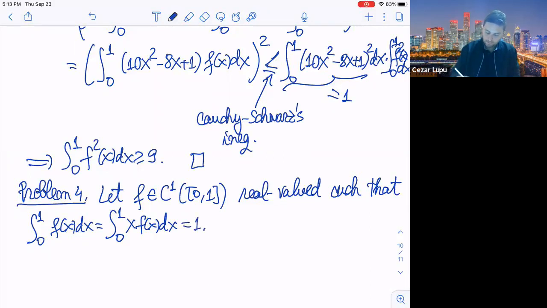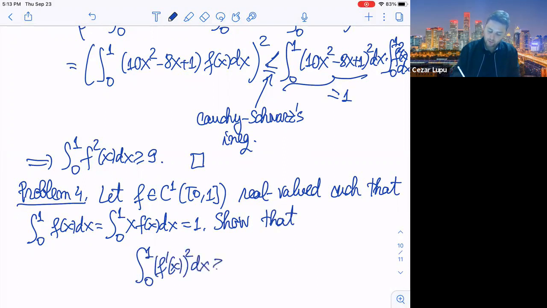And it's 1. I would like to show that the integral of the derivative squared is greater or equal than 30.